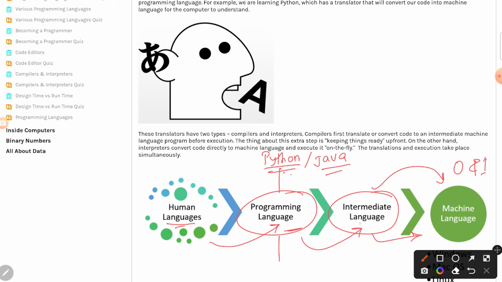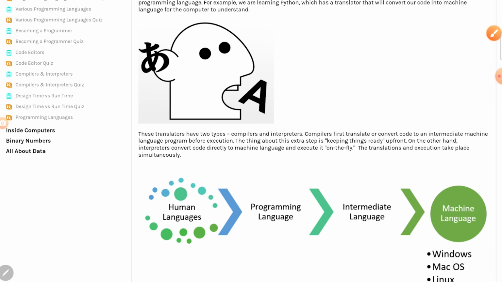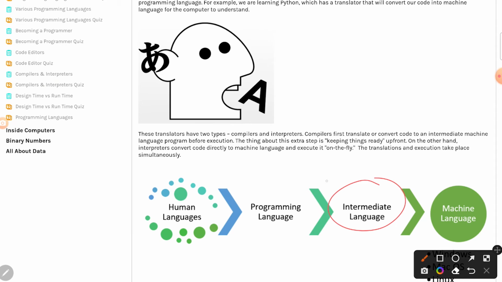So our compiler or translator's job is to take our Python code, which is similar to English, and convert it into an intermediate language and keep it ready. Whether you do it and keep it ready upfront or you do it on the fly is the real difference between a compiler and an interpreter. Now let's understand a little bit more with an example.